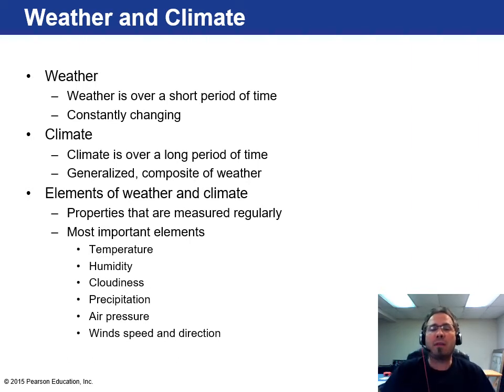The opposite of that is climate, which is normalized, generalized over a long period of time. Here in Wisconsin, we're in a temperate climate zone where we have four seasons: winter, spring, summer, and fall, and we have normal ranges of temperatures. Can it get hot here?